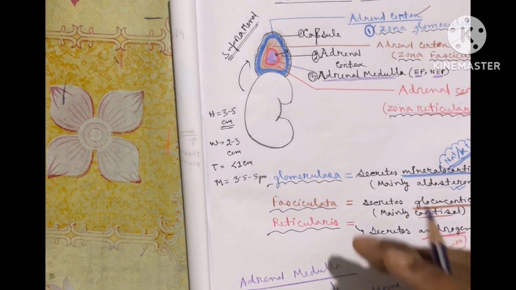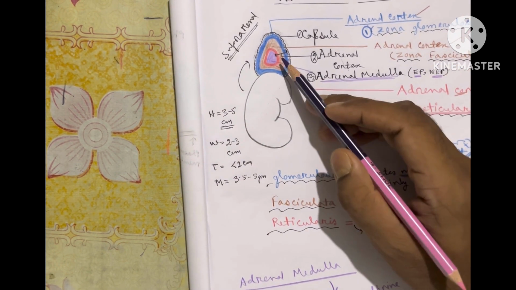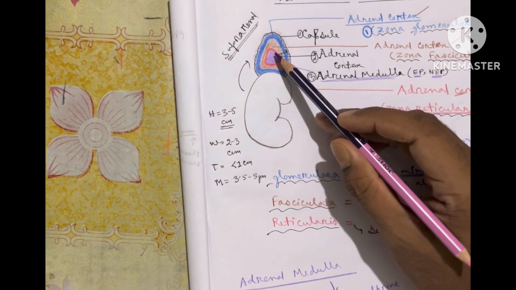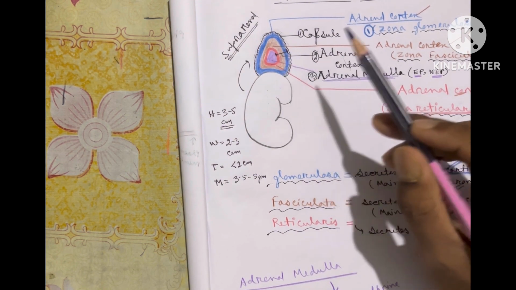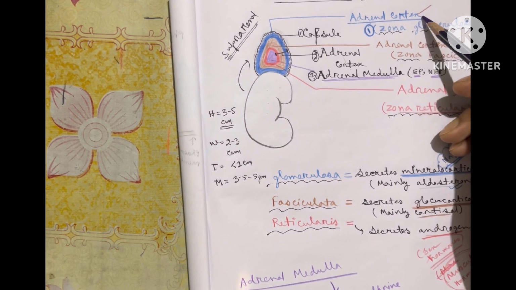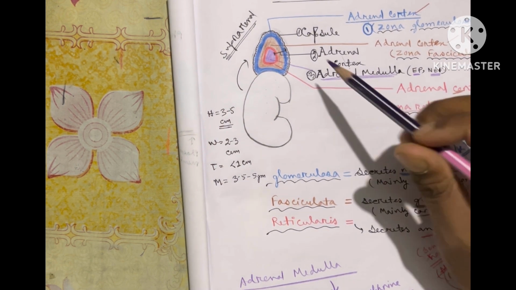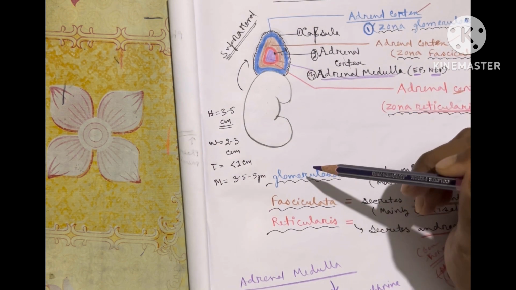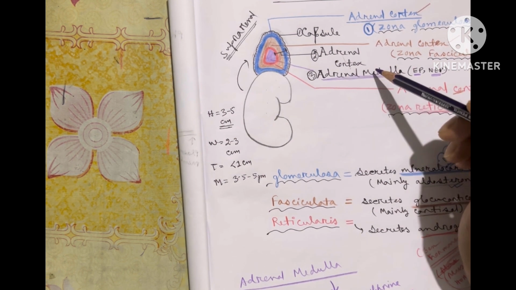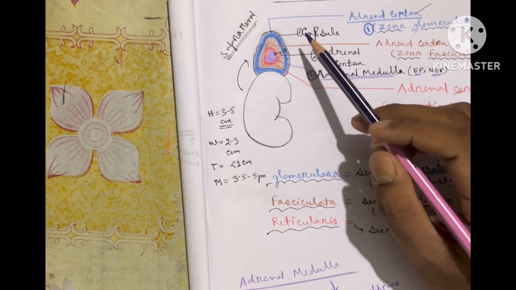These chemicals are secreted by the most inner core of the adrenal gland, called the adrenal medulla. So the adrenal medulla is the core of the adrenal gland.